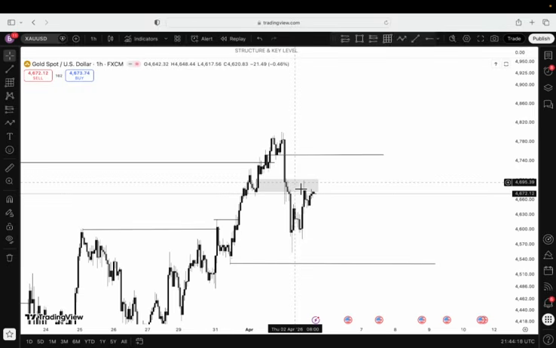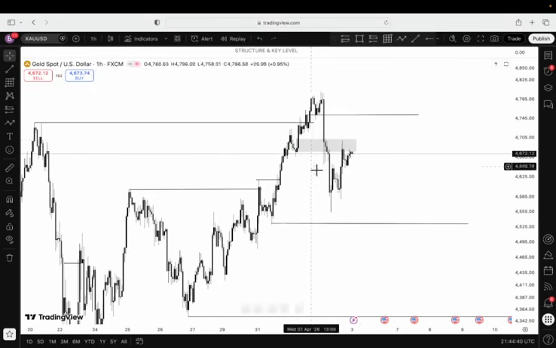Okay, somebody still asking about this gold. Like I said, it is quite simple. This gold, we have to see what price has to do on Monday, which is tomorrow, first before we decide.